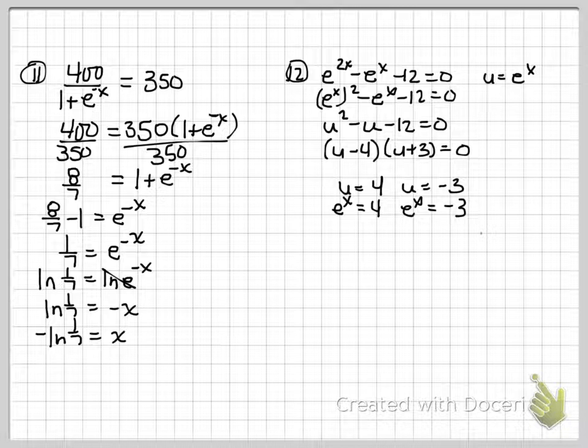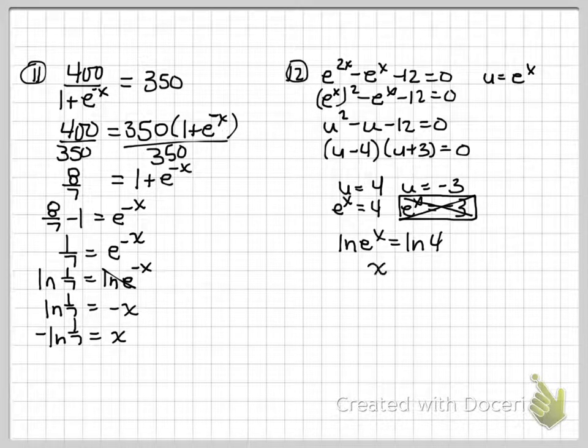So in my right solution, this one right here, if e is positive and I have it to an exponent, it's never going to equal a negative. So I'm going to cross that one out because that one's an extraneous solution. We can't have it. And now we just solve for the one that's left. So I'm going to do the ln on both sides to be able to eliminate the e, and x equals ln of 4. And that's our solution. Alright, let's move on to 13.